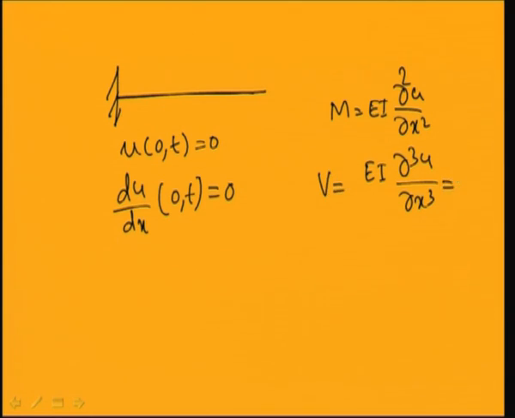So, shear force equal to 0 gives del cube u by del x cube equal to 0. Similarly, bending moment equal to 0 gives del square u by del x square equal to 0.